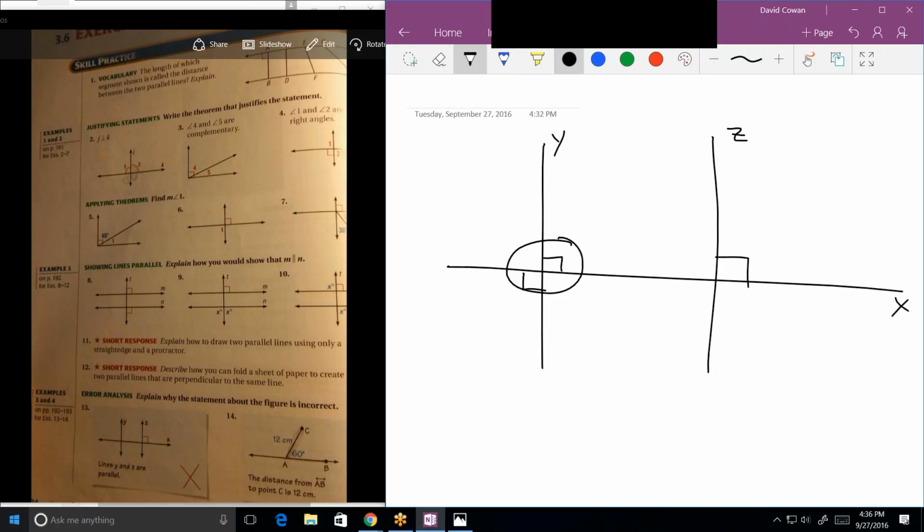But if I at least state that one of these angles is a right angle, then I could say that Y is parallel to Z. Without that information, I cannot state that. That's why that's incorrect. Okay, how about 14?